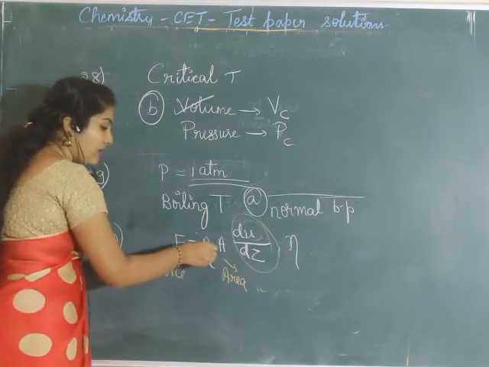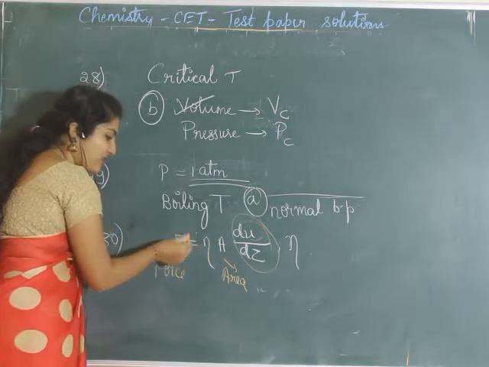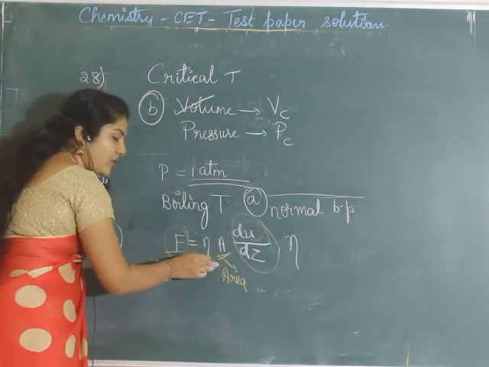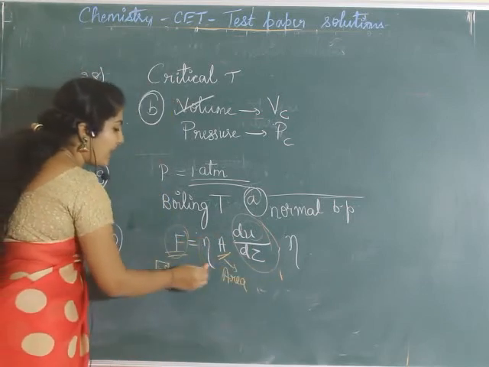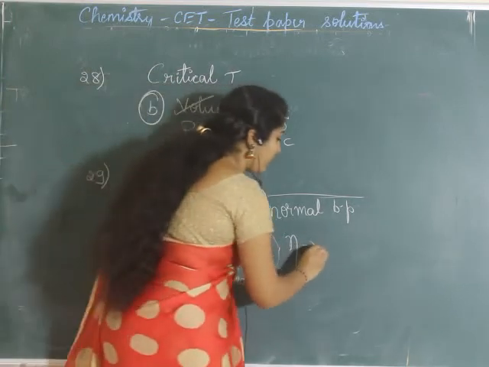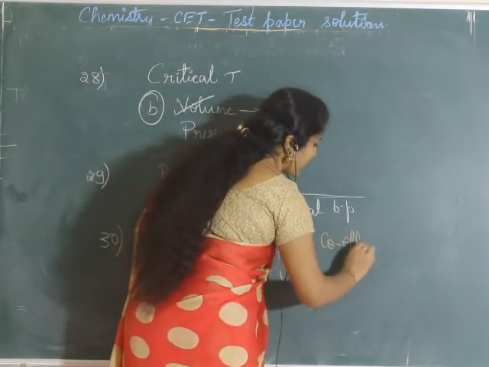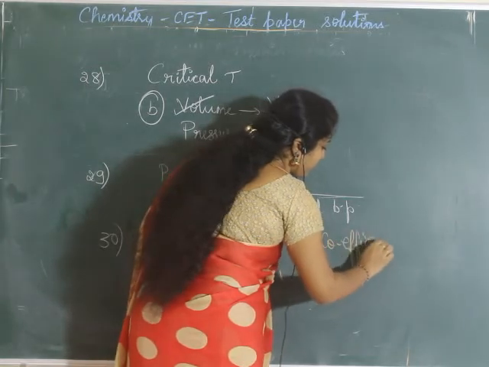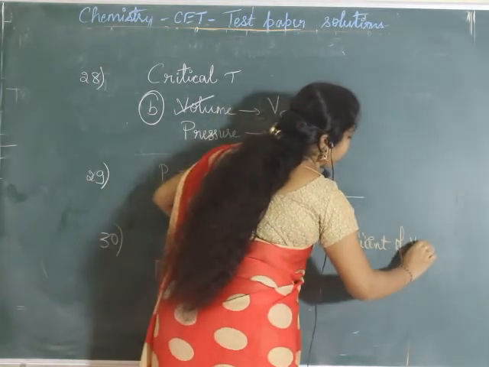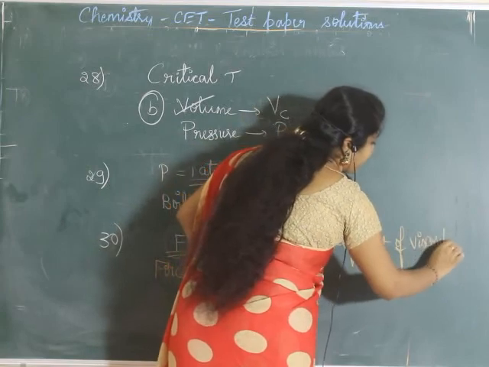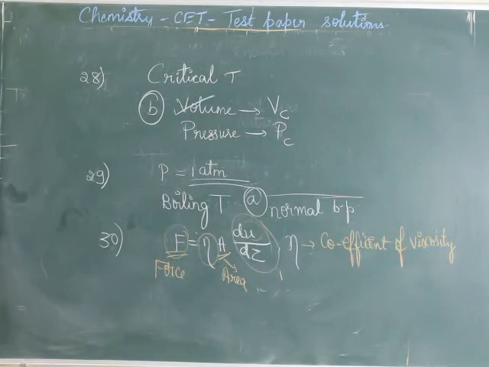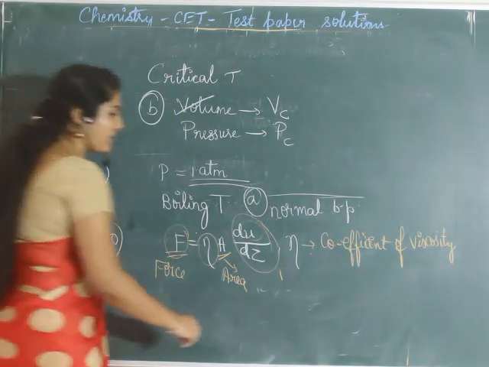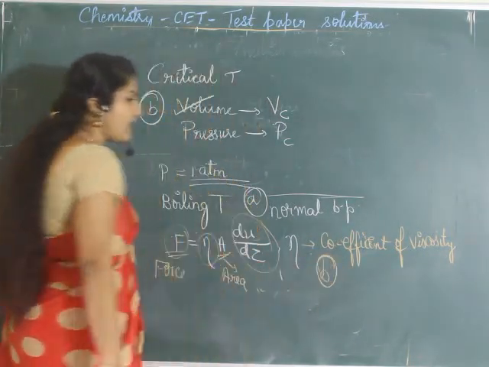The coefficient of viscosity is defined as the force when the area is unit area and the velocity gradient is 1. So eta represents the coefficient of viscosity, which is option B, the right answer.